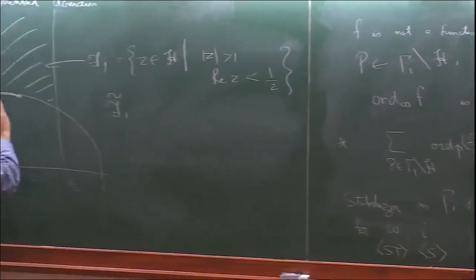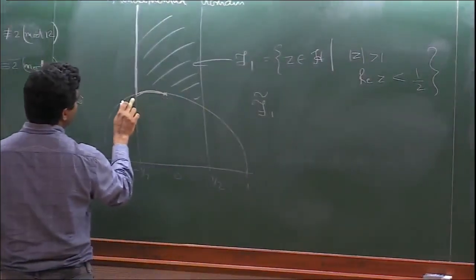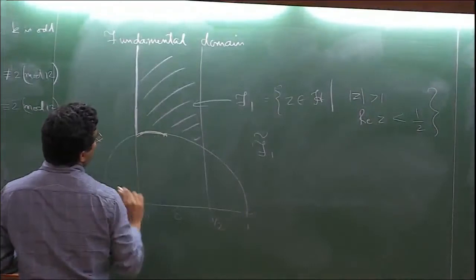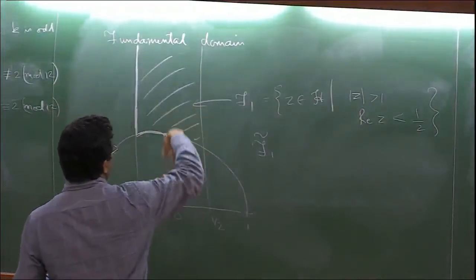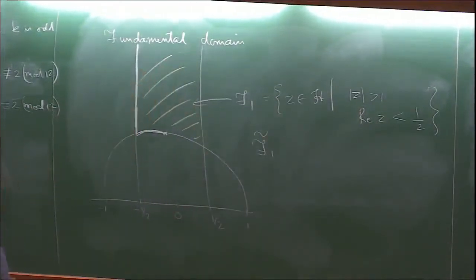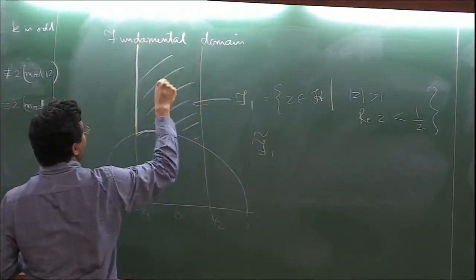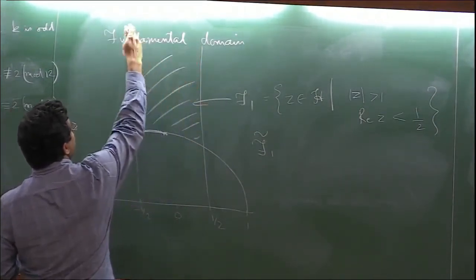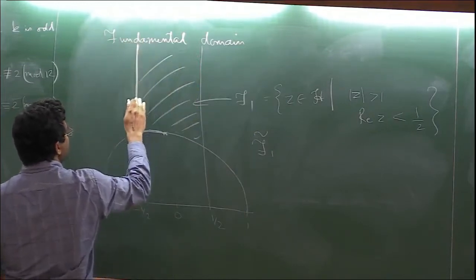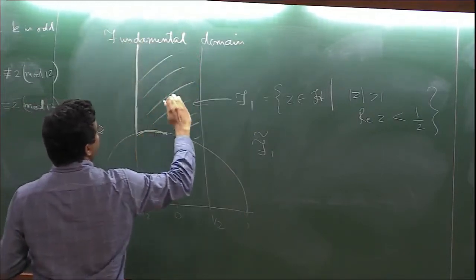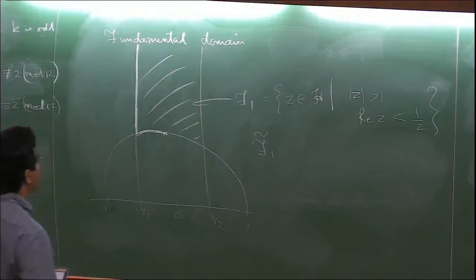So it could be on the boundary, it could be here, and you remove a small disk around these, and then that's your cycle, right? So you have this, and then you have some things removed, and union of this, and so on.